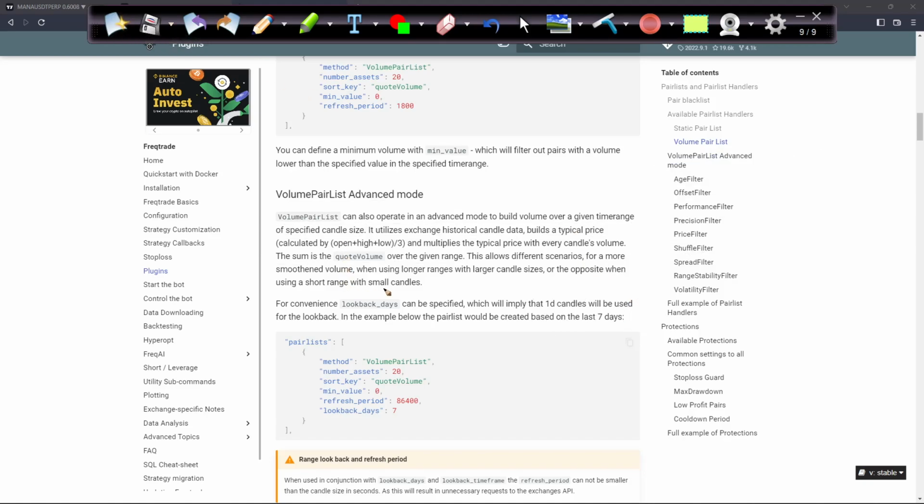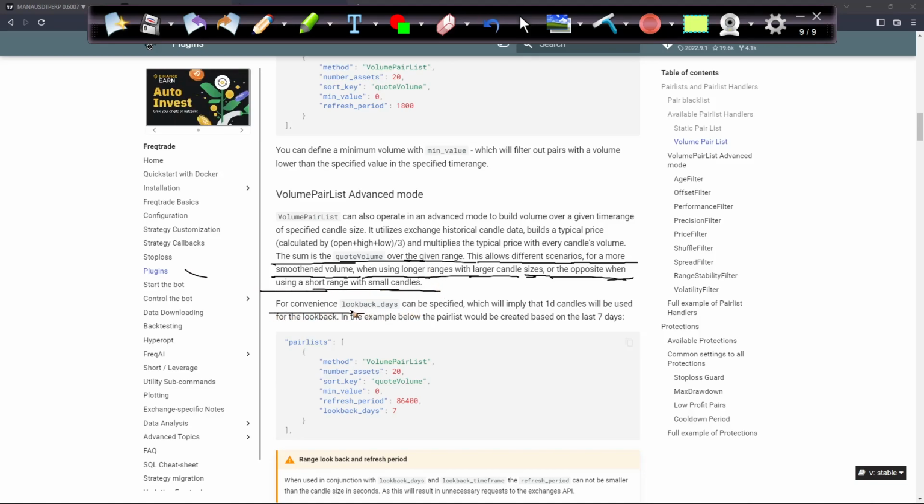Okay, so yeah, now the sum is the quote volume over the given range. This allows different scenarios for a more smoothened volume when using longer ranges with larger candle sizes, or the opposite when using the short range with small candles, right?